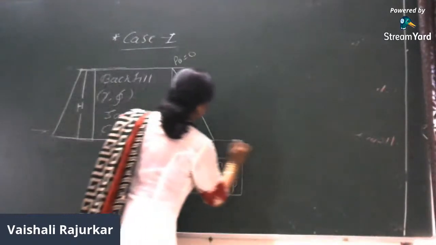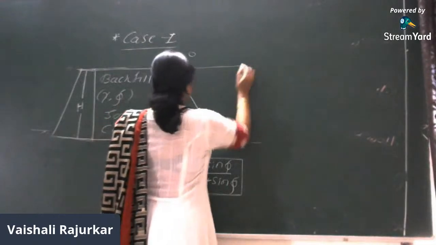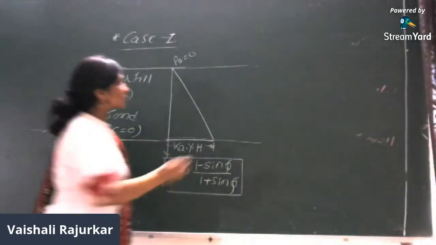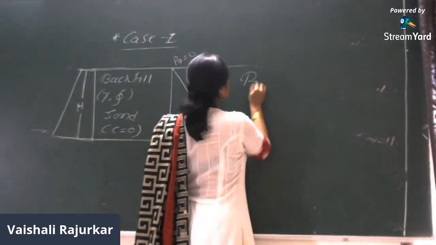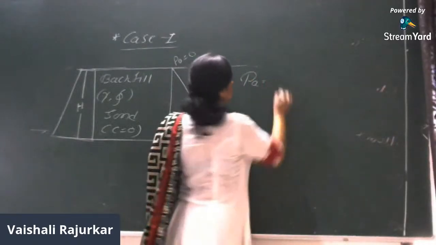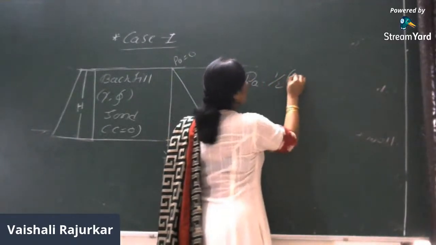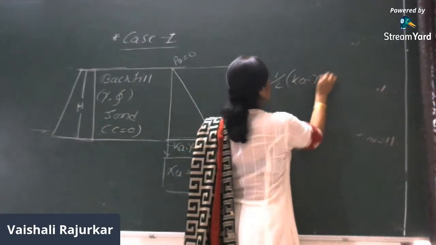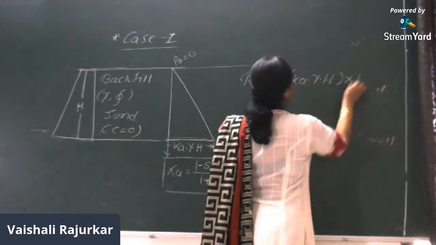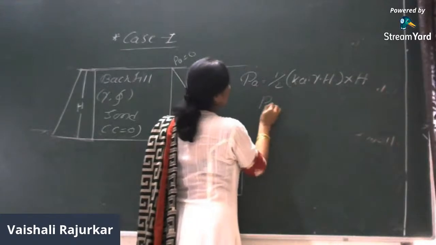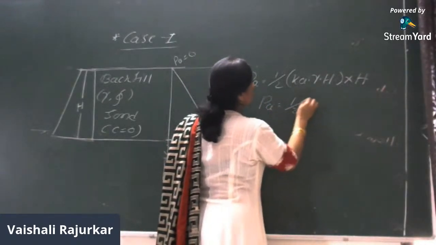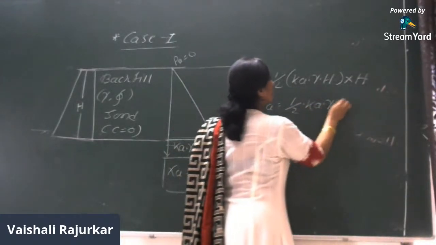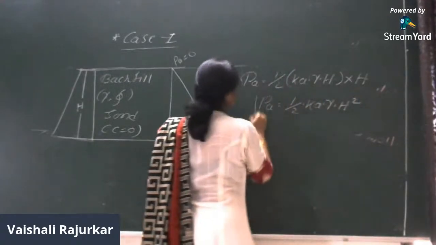So in this case, we will calculate the active earth pressure. What is the magnitude of maximum Pa? This Pa is the area of Ka into gamma into H multiplied by H. So here Pa is equal to half of Ka into gamma into H square.